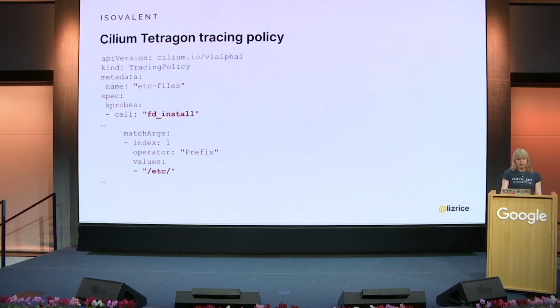If we have a policy like this, for example, that says, I'm only interested in knowing about changes to or file access events in the etc. directory, that's being filtered in the kernel, which is great. We don't have to look at every single file open event and then filter it in user space. We can actually filter it within the eBPF program. So we only need to send user space events for the events we're interested in, the events that match the policy.